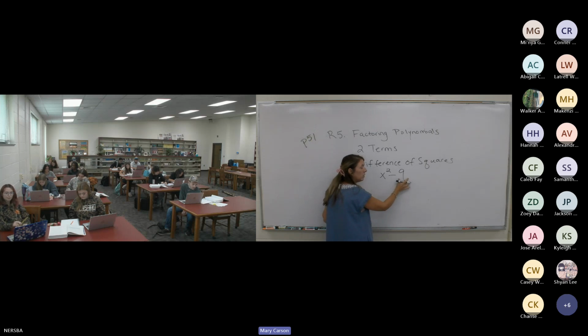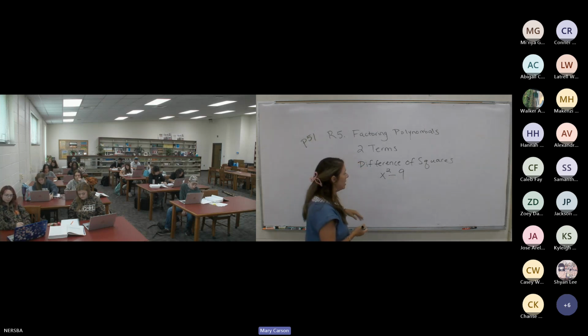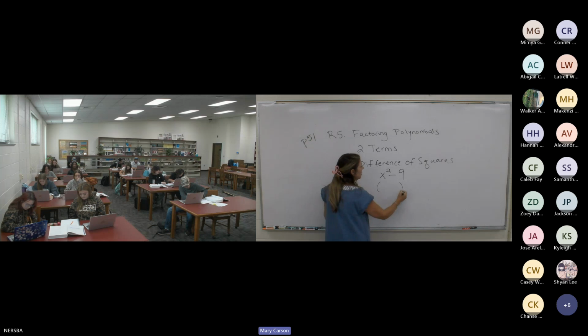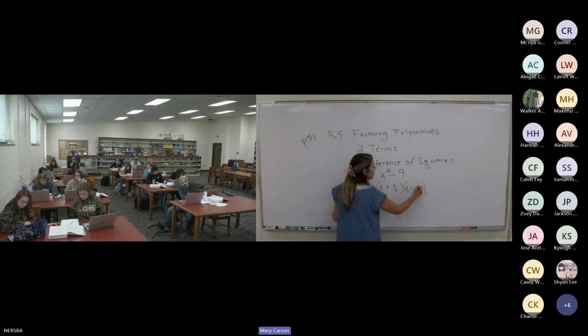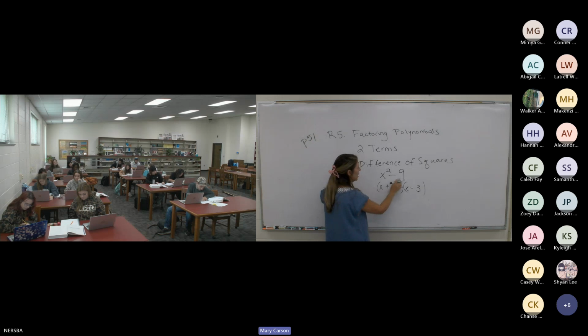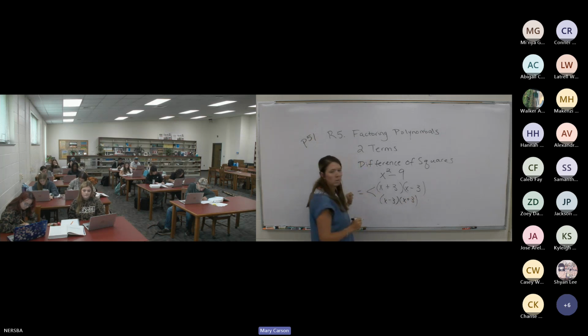So if I took the square root of this, it would give me an actual number, and there's a minus in between. It's a very easy, quick factoring that you guys would just be able to spit out, okay? And it would be x plus 3 and x minus 3. So you take the square root of this, take the square root of that, and it's a plus and a minus. You could also write it as x minus 3 times x plus 3. These are equal. They mean the same thing.